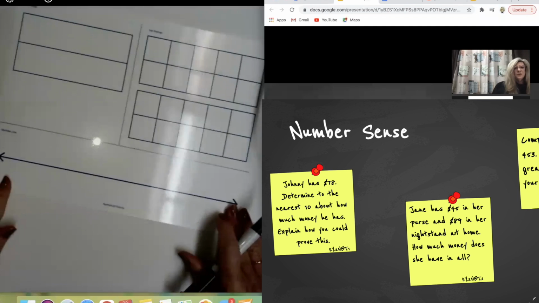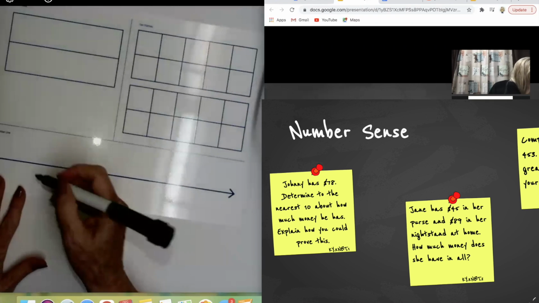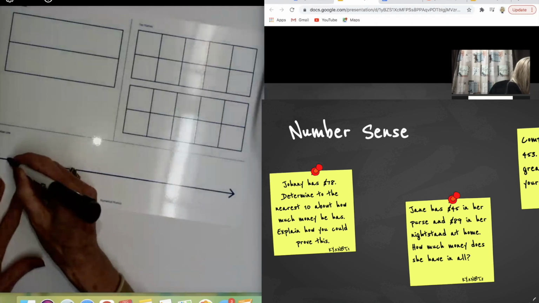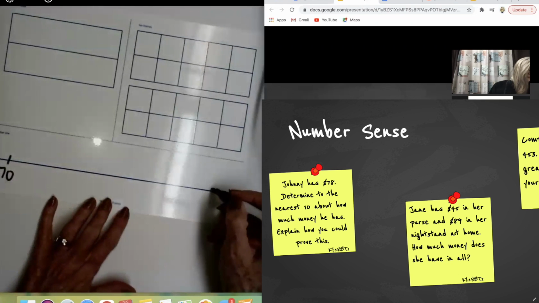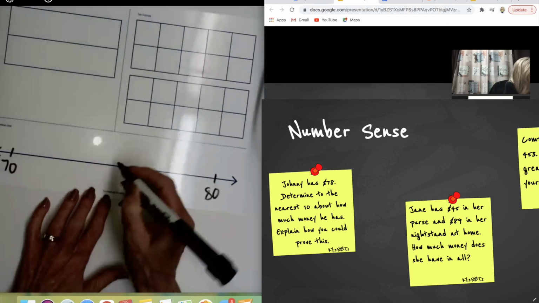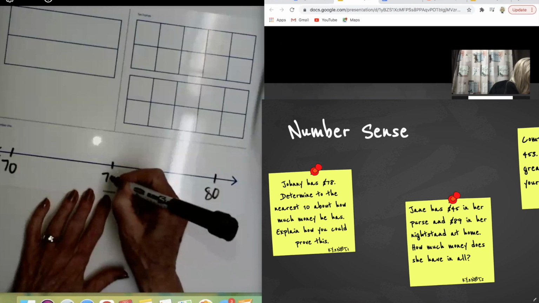and of course, you could have a number line that's all the way out, between 1 and 100 for your kiddos. For this case, we're going to use just an open number line, and I'm going to put 70 here and 80 here, and we talk about what's halfway between 70 and 80, and that would be 75.